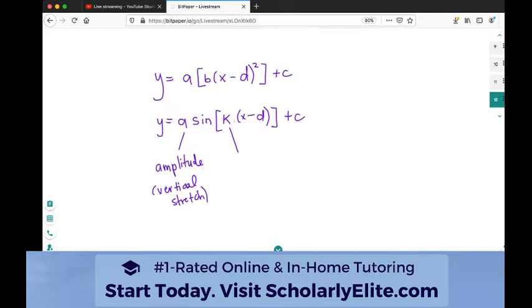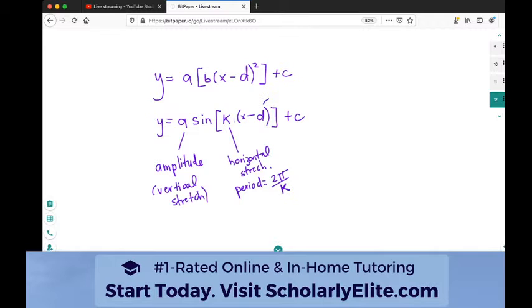So, very important. This is also another way of saying the horizontal stretch. And actually you can solve for the period by using this formula: period equals 2 pi over k. But we'll look at that a little bit further.